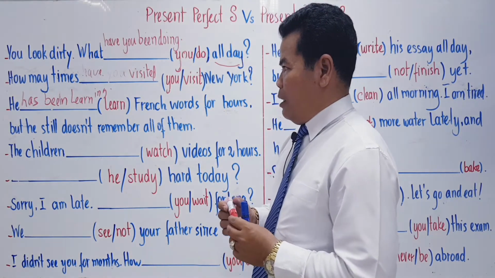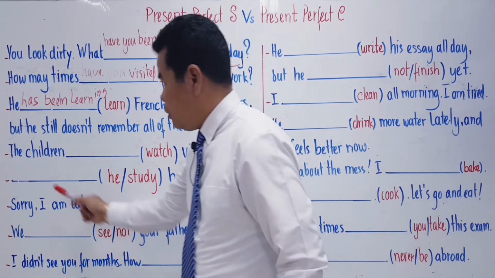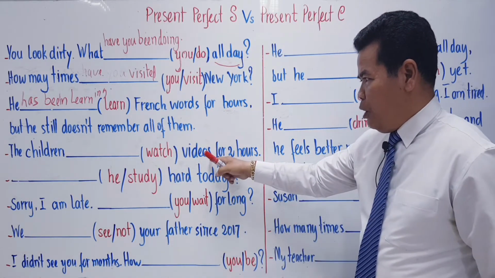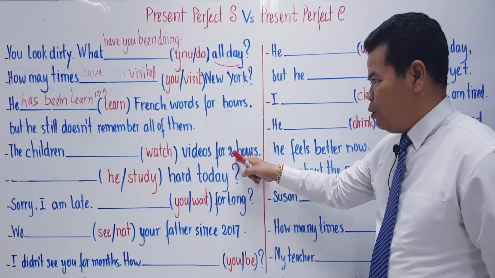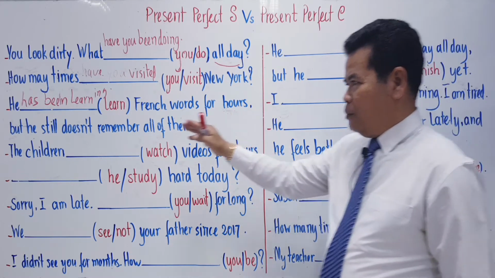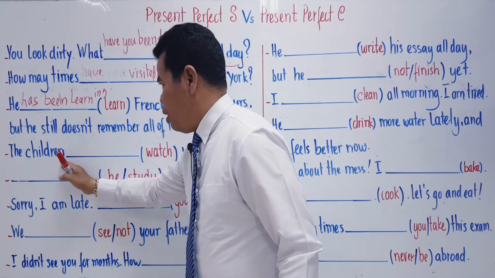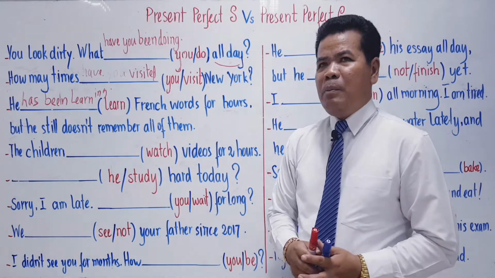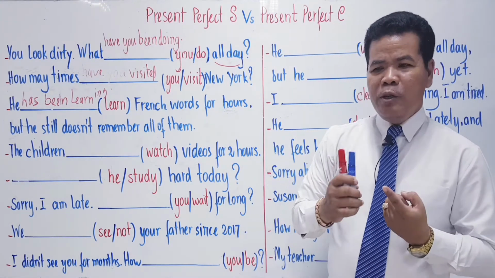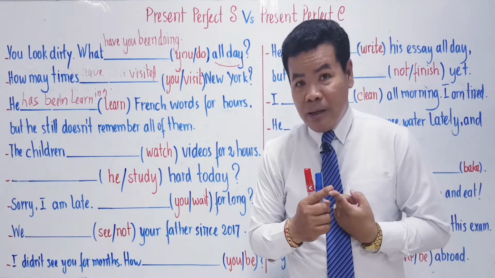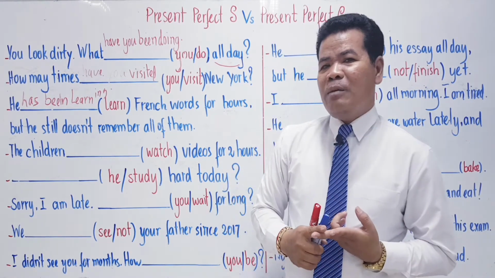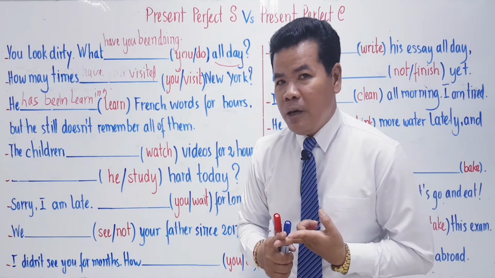Let's go to the next one. The children watch videos for 2 hours. The children watch videos for 2 hours. You remember for can be used in the present perfect. Is it true? For also can be used in the present perfect progressive.